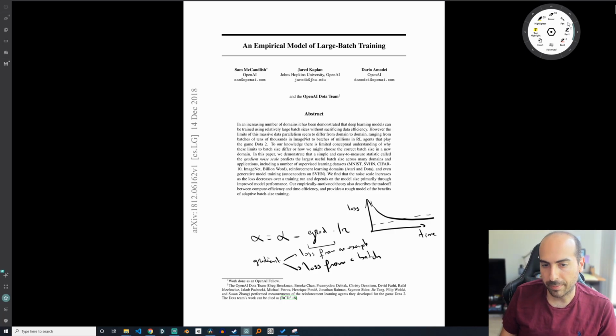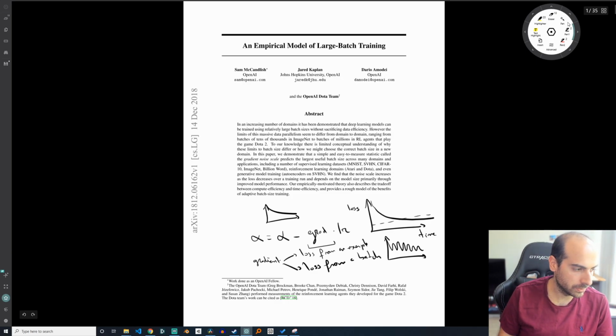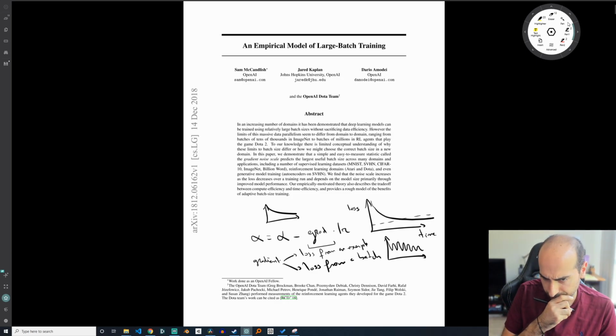With batch size one, you're going to get a curve that looks like this. However, if you do the loss over batches, then this would be smoother because you're considering more examples at any given point in time.